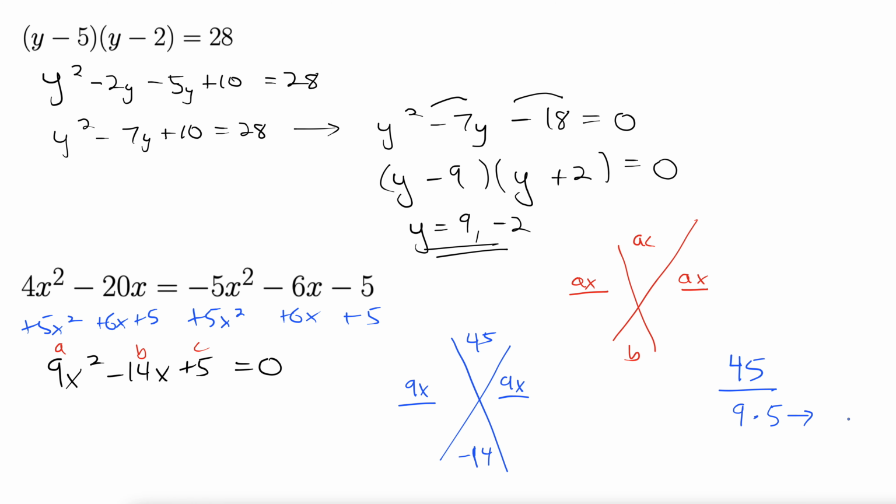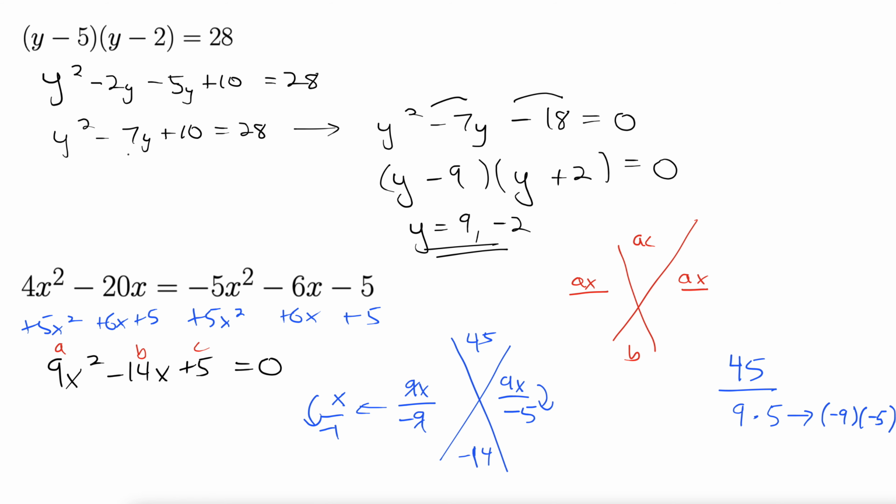So now let's just tinker with it a little bit to get the negative signs correct. Negative 9 times negative 5. There we go. Now if we add those together, we get negative 14, but if we multiply them together, we get positive 45. So here we write negative 9, negative 5, simplify, so this becomes x over negative 1, and then we read it down like that.